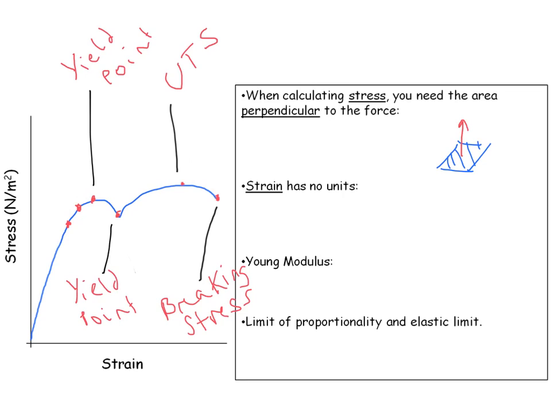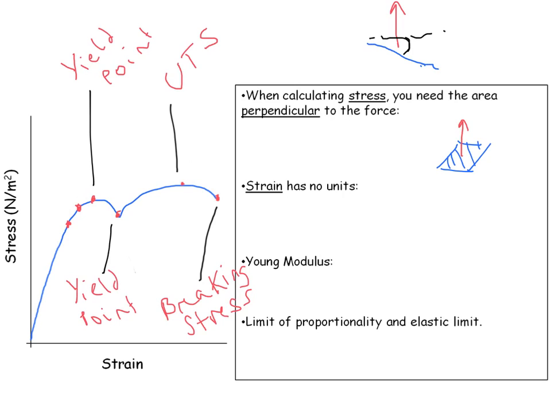Now it's possible, if they wanted to make an exam question a little bit more tricky, they could give you an area that's not perpendicular to the force, in which case you'd need to adjust the area so it was. Say for instance, I'll draw a diagram at the top. We had a sloping line like that, and you applied the force in that direction. To calculate the area in the perpendicular direction, you'd effectively get an adjusted area.